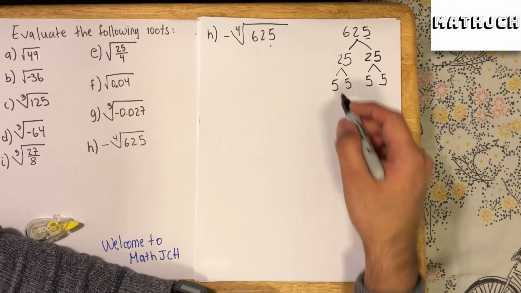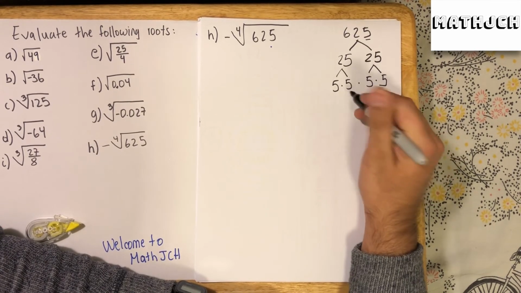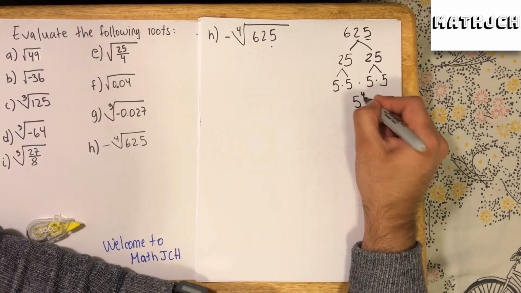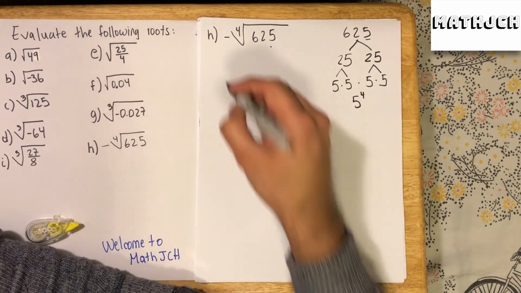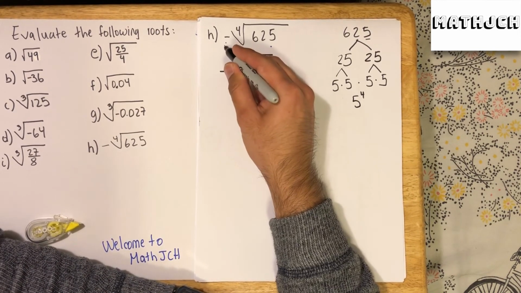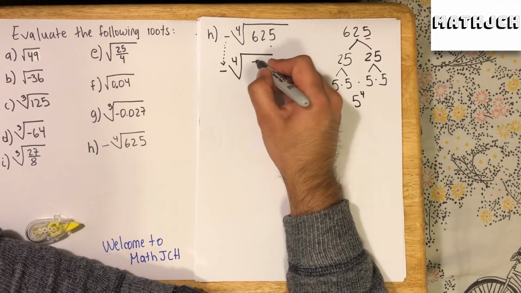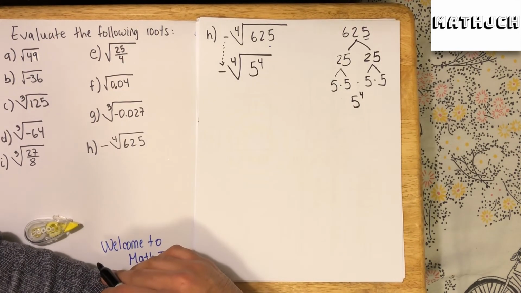So 625, I could rewrite it as 5 times 5 times 5 times 5. In other words, I could rewrite it as 5 to the power 4. So again, bring that negative down. 625, rewrite it as 5 to the power 4.